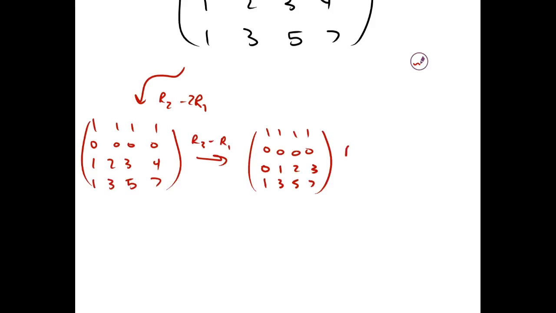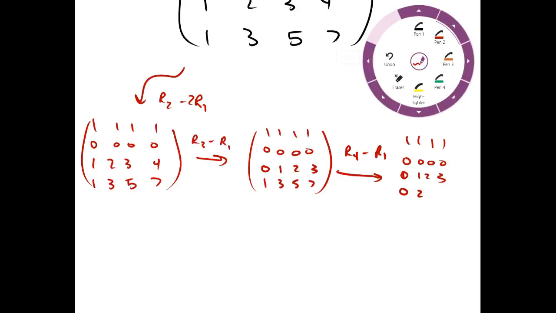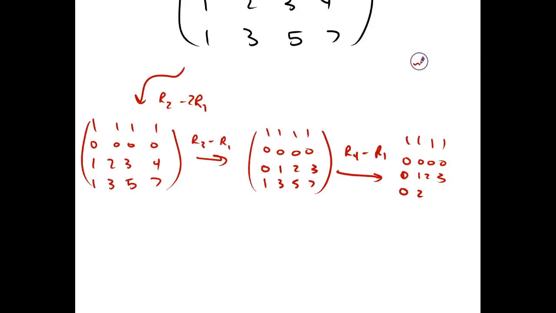Then we can take R4 and subtract R1 from it. That gives us 0, 2, 4, 6.